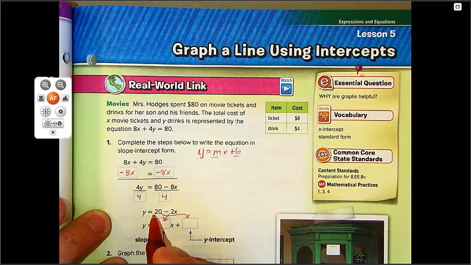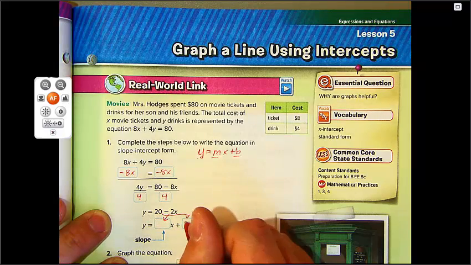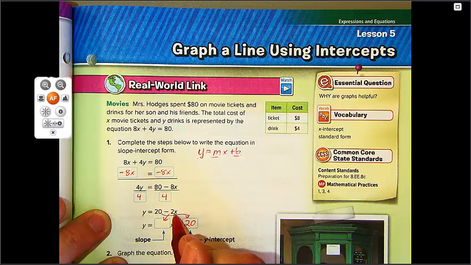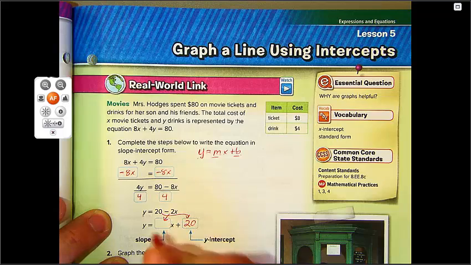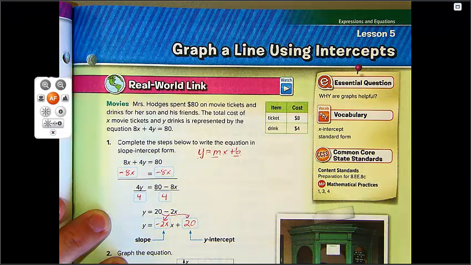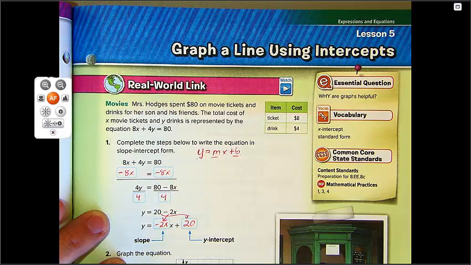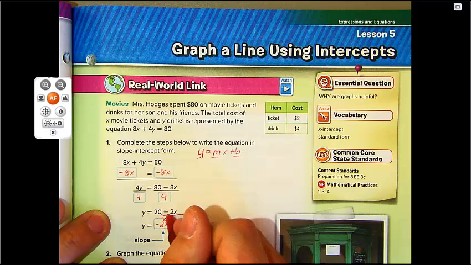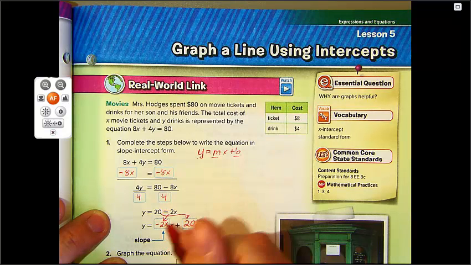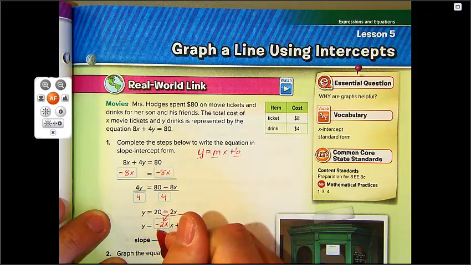It's positive, so we need to have a plus 20 here. But then this 2x, what's in front of the 2? It's a minus, which treats it like a negative. So it's negative 2x. A common mistake there would be simply putting down 2x instead of negative 2x. So you really have to pay attention if that is a plus or a minus, meaning positive or negative, for when you flip those.